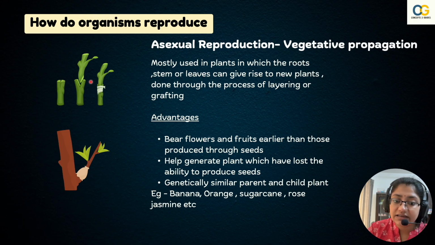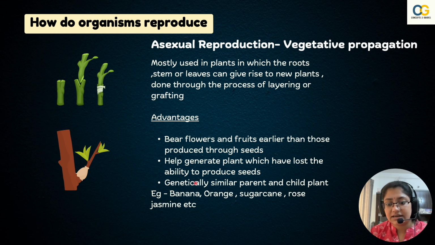It helps generate plants which have lost the capacity to produce seeds, and parent and child are genetically similar. Because of this, you can generate the exact copy of the plant. You need not worry about whether it will have changes or not. Banana, orange, sugarcane, rose, jasmine are all produced through vegetative propagation.